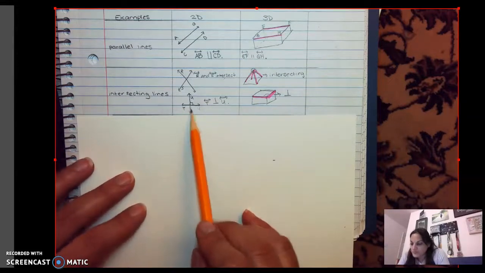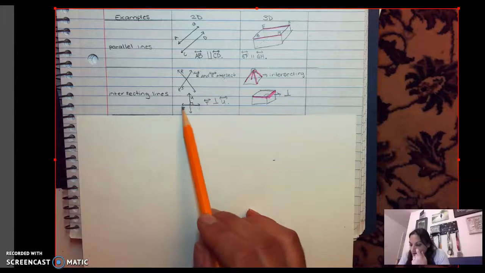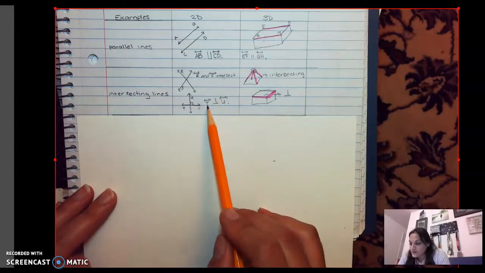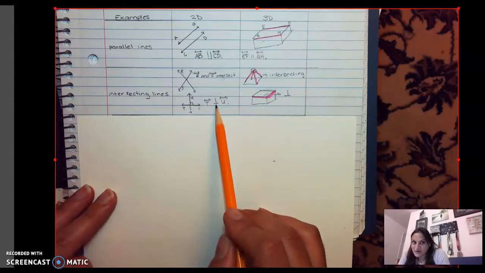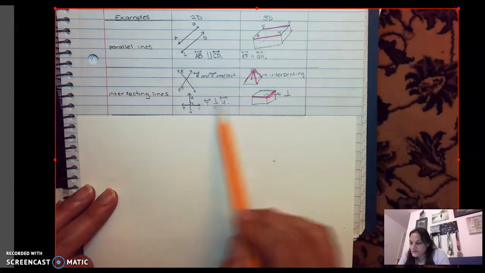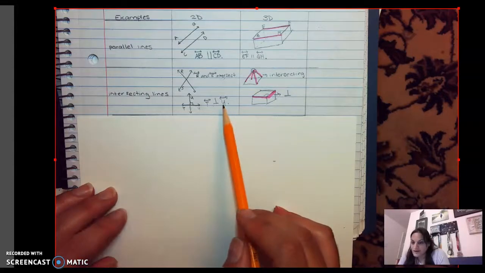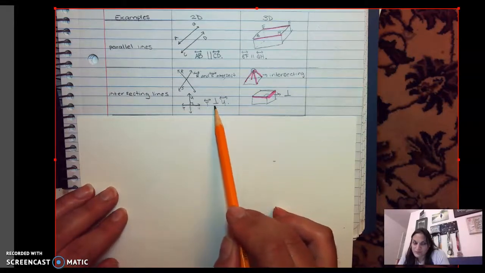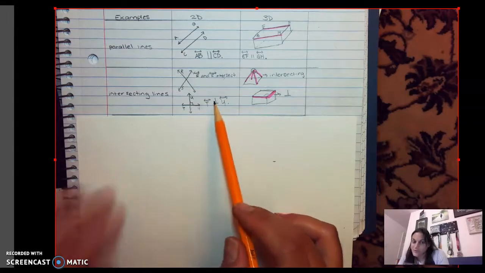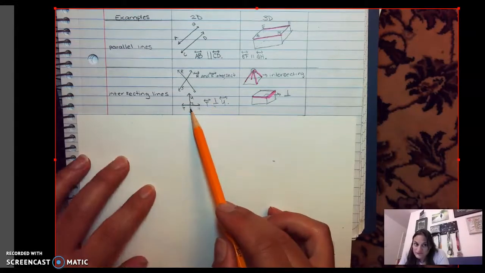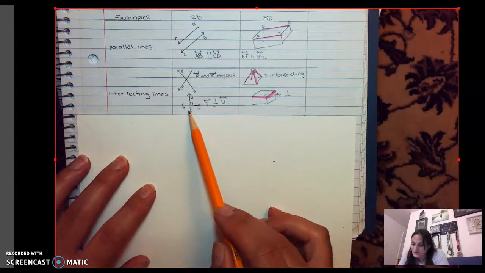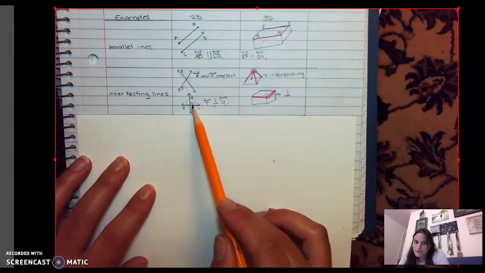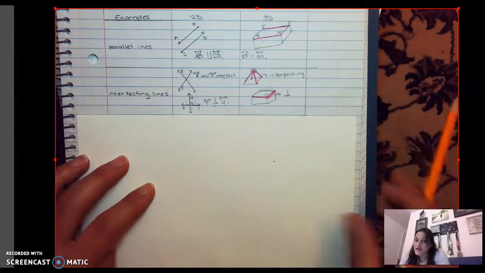And this is a perpendicular line set, so line T here crosses line U. So line T is perpendicular, that's that sign, which looks like an upside down T, to line U. It's okay if you just write T is perpendicular to U. This is just a lot faster than writing perpendicular and saying it. So this is a type of intersecting line, but it's a special type of intersecting line because I always represent a 90-degree angle with this block in the corner here. And you're going to see that a lot.